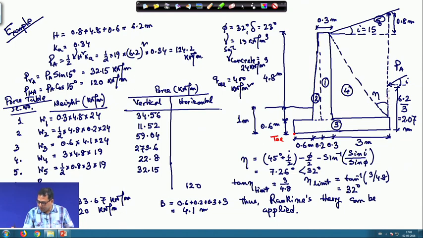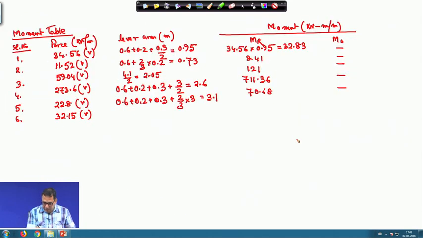This has two components, one vertical and one horizontal. This is PHA, this is PVA, and PVA is acting at a distance of 4.1 meter from the toe.